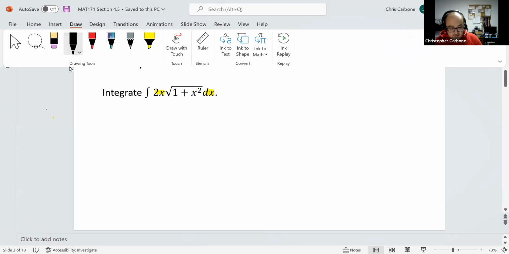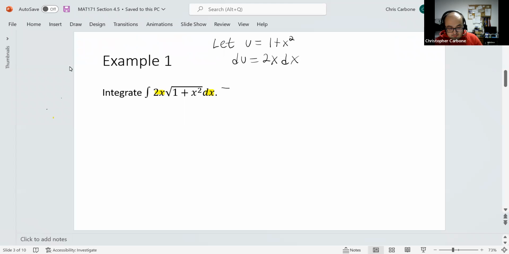So to actually compute this, we are going to apply a substitution. So this is the integral of the square root of u du. So that is easy enough for us to compute. This is the same thing as the integral of u to the 1/2 du.